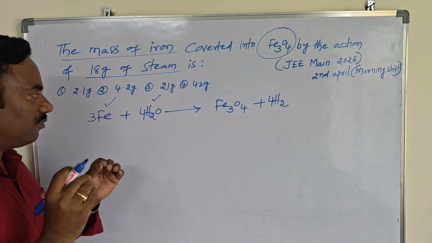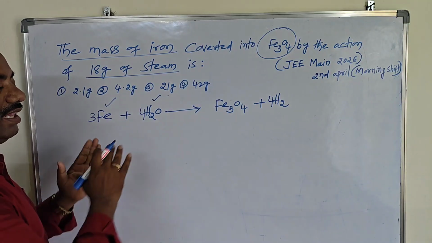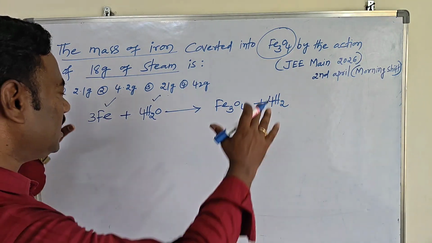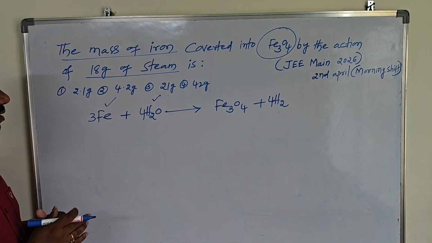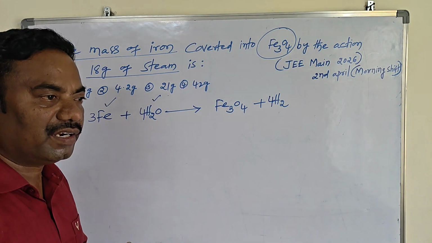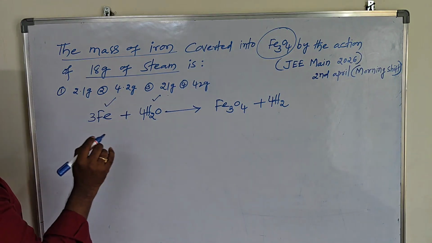First, we need to find the relation in the chemical equation. In this problem, they are asking about iron and about water, for which they have given 18 grams.